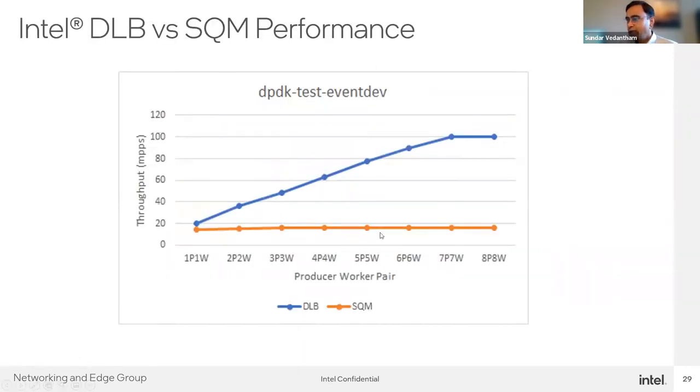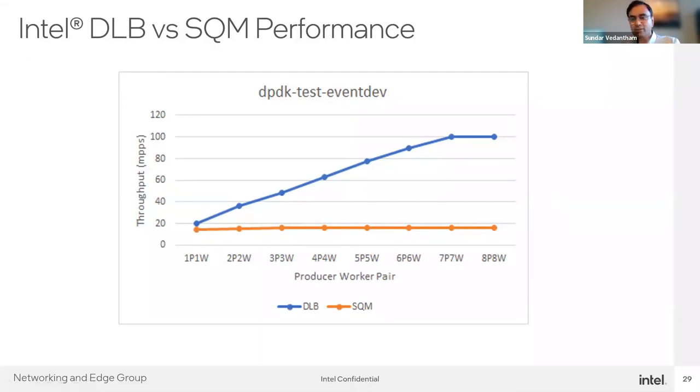This one slide just tells you how the software-based solution compares with this one. We said there are 4 DLBs in one Sapphire Rapids, but I'm taking only one DLB use case here. If you're using purely software-based scheduling, meaning you do the scheduling with just one CPU core doing it in software, the entire capacity of that one core dedicated to just that scheduling would max out at around 17 million packets per second.